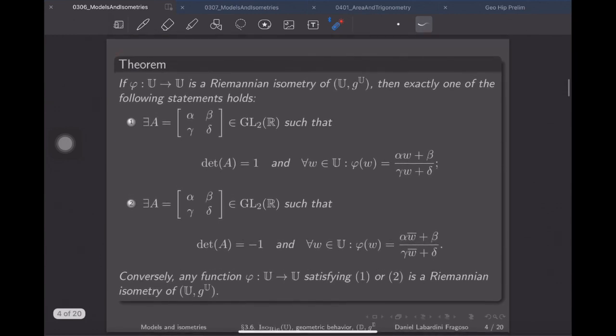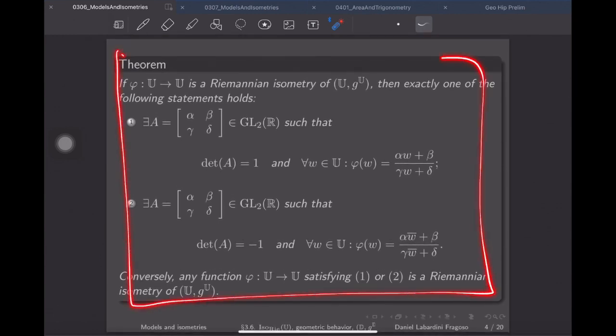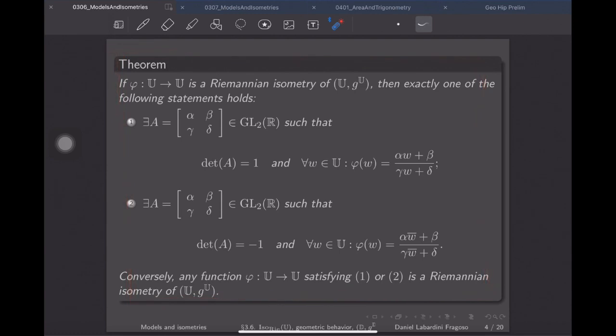first, a reminder that we had already obtained explicit formulae for arbitrary Riemannian isometries of the upper half plane.